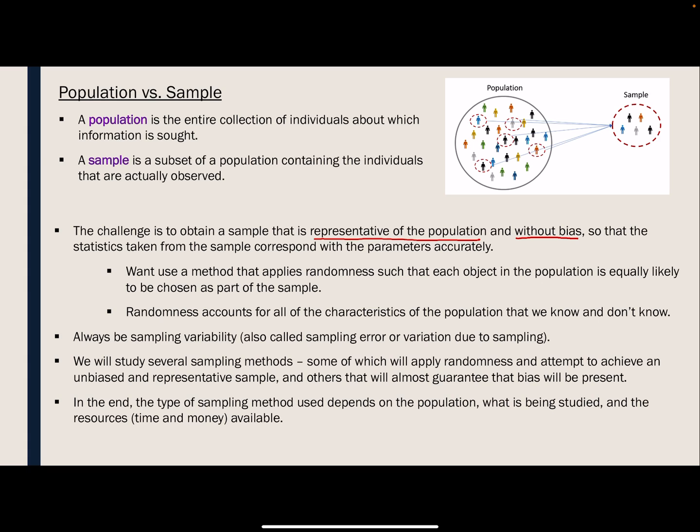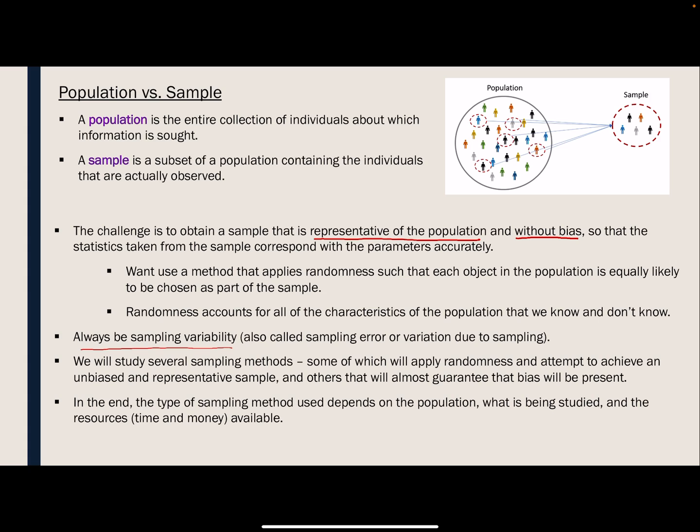So we also want to recognize that in any sample, there's always going to be sampling variability. So even if we take two samples that are fabulous, they are representative, they're without bias, and we calculate statistics on those two separate samples, those statistics will probably be close, but they're not going to be exactly the same.